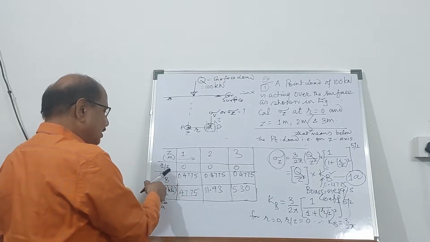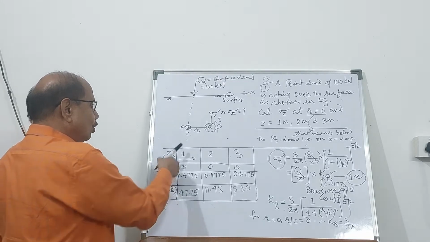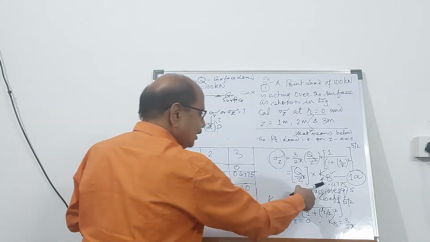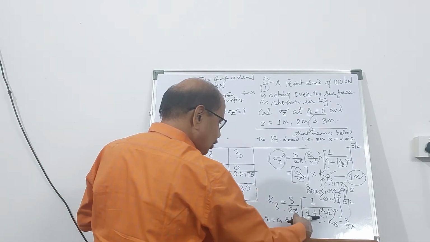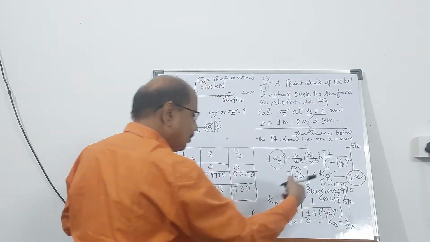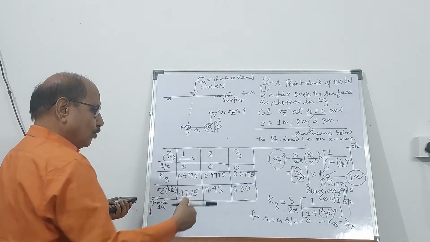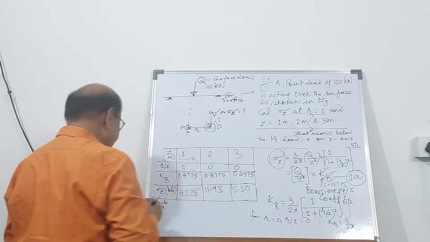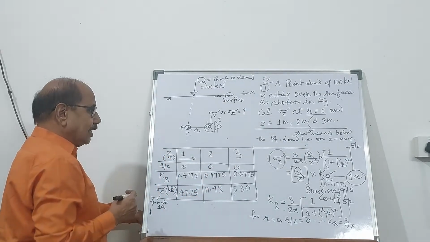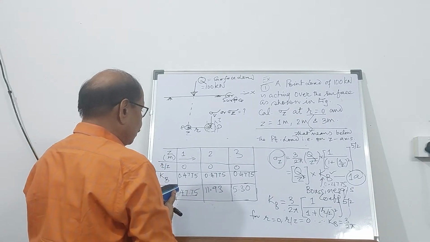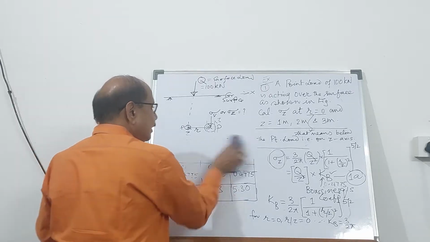If R is 0, then Kb is given by this expression, 3 by 2 pi, that is 0.477. So at what depth does sigma Z become 0? That also you can find it out.